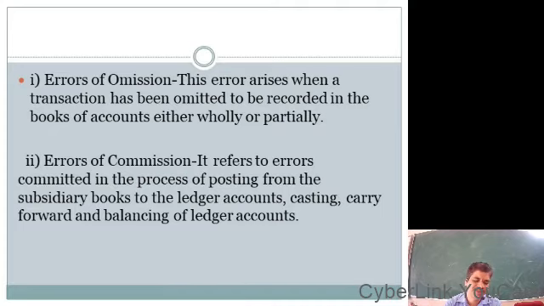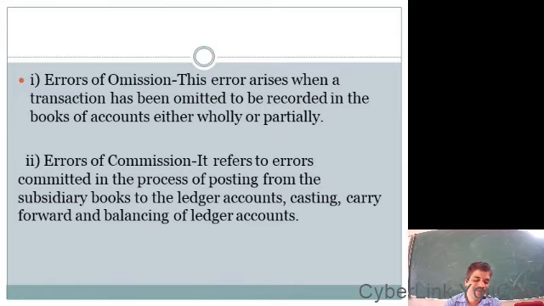The first and last digits are the same; only the two digits are interchanged, 25 and 52. Actually, you have to write 1250 but it was wrongly entered as 1520. It may be due to eyesight, or due to negligence, or due to a mistake of the clerical staff. So error may occur.